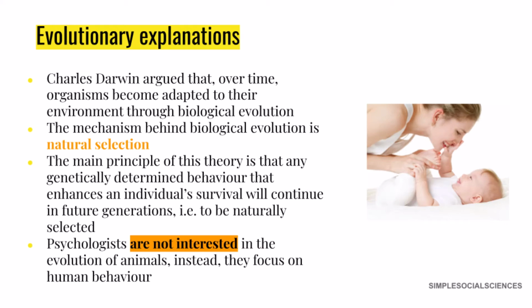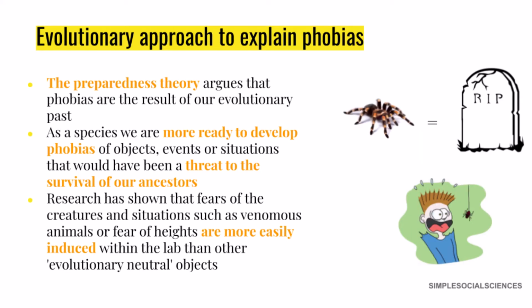Psychologists are not interested in the evolution of animals. What we're interested in is the evolution of human behaviour. The Preparedness Theory argues that phobias are the result of our evolutionary past. So as a species, we are more ready to develop phobias of objects, events, or situations that would have been a threat to the survival of our ancestors, such as animals that carry venom, like snakes and spiders, or natural situations such as heights, water, or the dark, that would have placed our ancestors at risk.